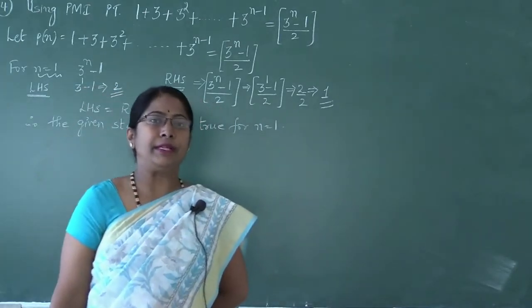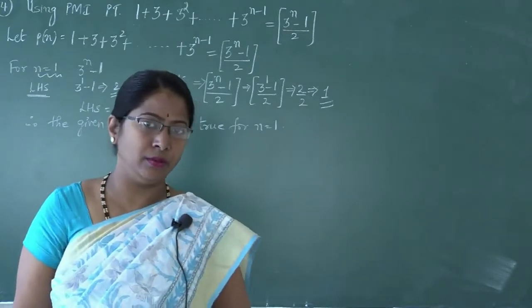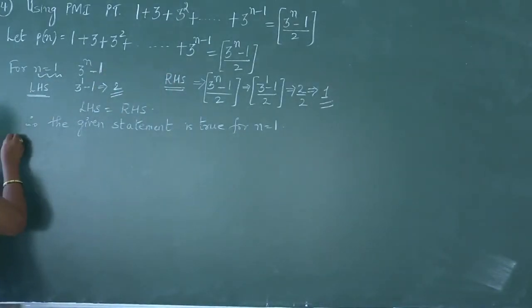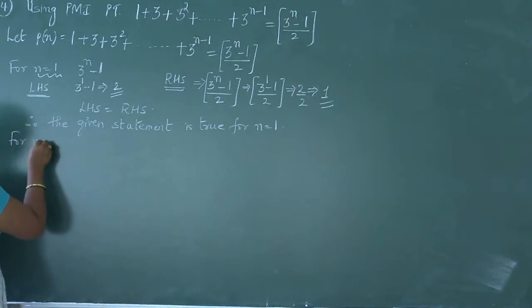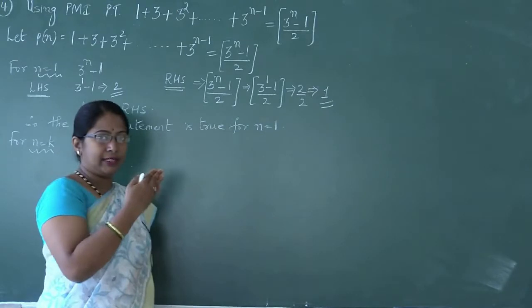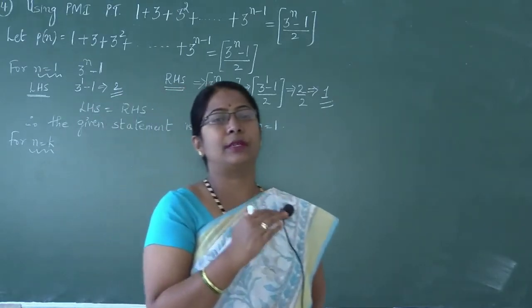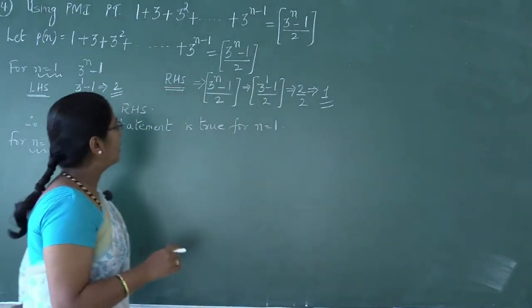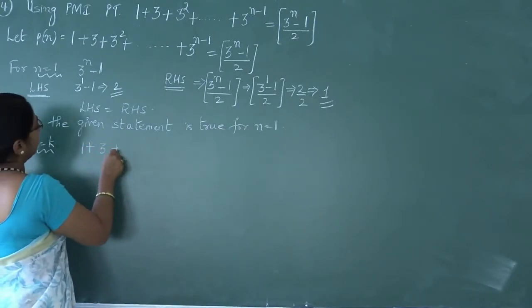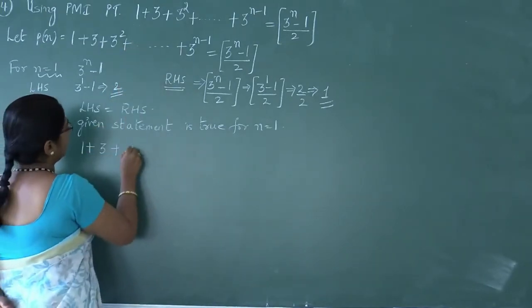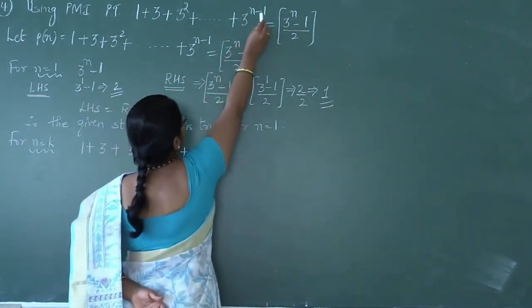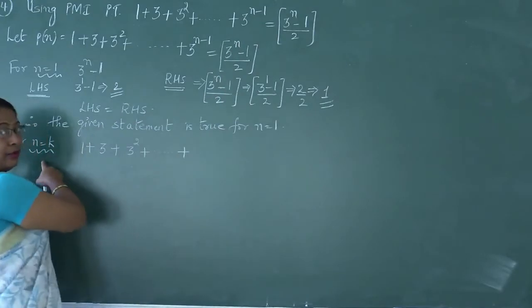Assume the given statement is true for n equal to k. So we shall solve for n equal to k. What does this mean? Wherever there is n in the question, for LHS and RHS, you are supposed to substitute the value of k. So what does the given problem become now? 1 plus 3 plus 3 square plus etc. 3 power n minus 1, where n takes the value k.